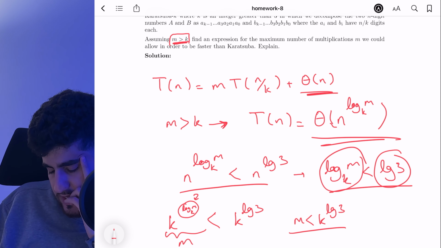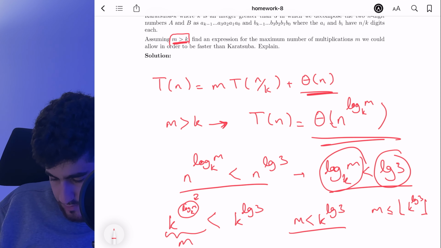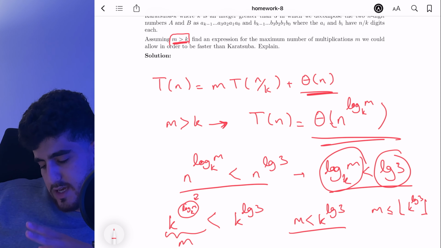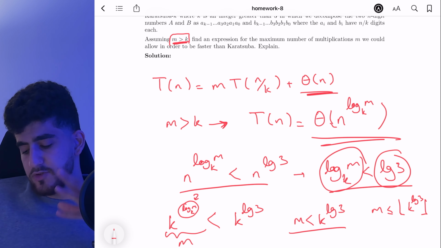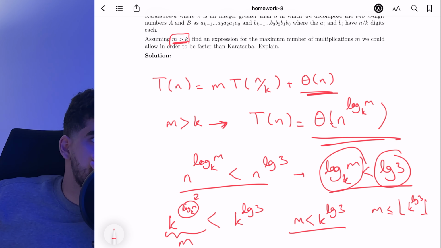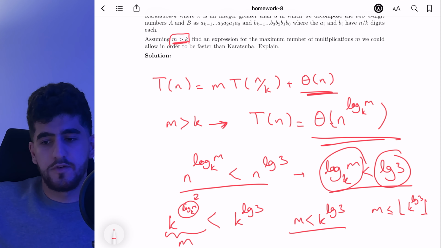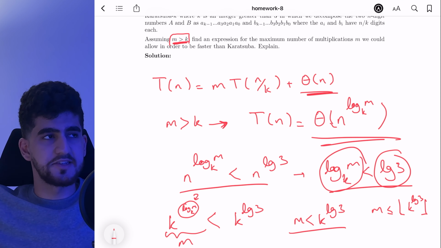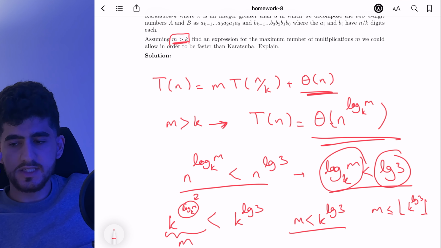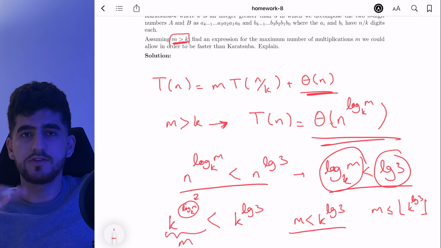Now, can we say that m is at most floor of k to the power of log of 3? Well, no, that's not correct. Because floor of some number, which is not necessarily an integer, is just the greatest integer less than or equal to that.